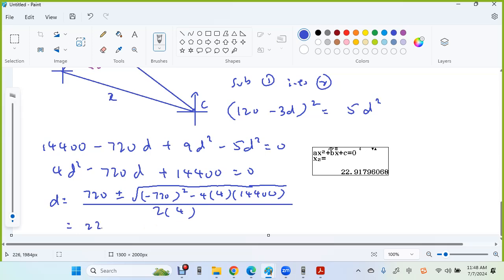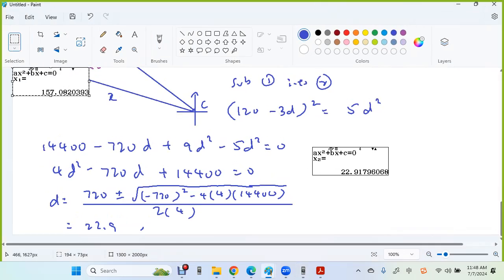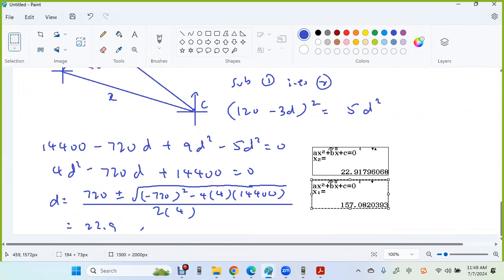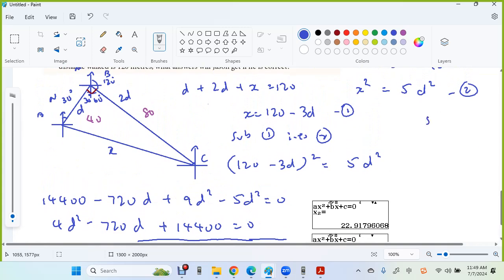So we have 22.9, and then the other one will be 157.1, this one rejected. So D is 22.9.